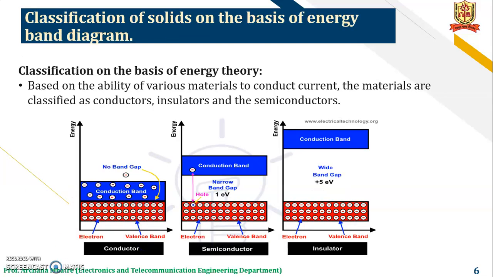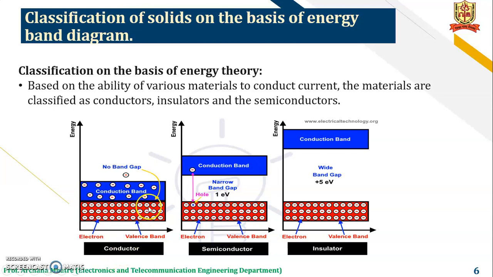Now next we will see the classification of solids on the basis of the energy band diagram. On this basis, solids can be classified as conductor, semiconductor, or insulator. Based on the ability of various materials to conduct current, the materials are classified as conductor, insulator, semiconductor. This is the diagram for a conductor.